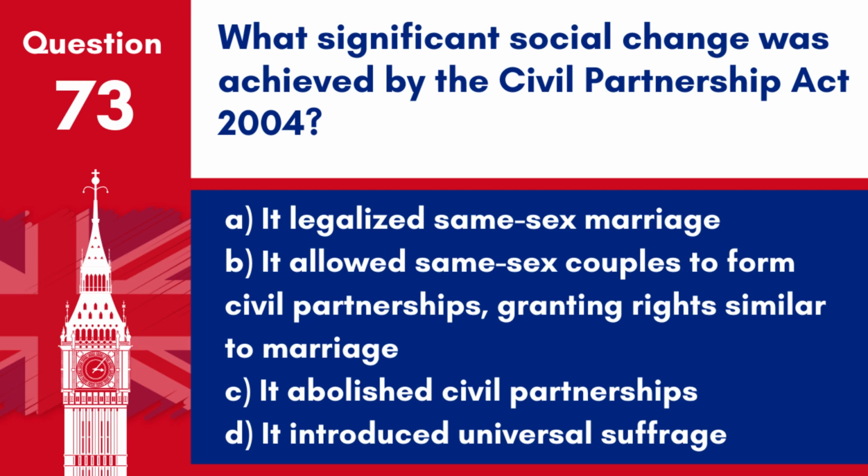D. It introduced universal suffrage. Answer. B. It allowed same-sex couples to form civil partnerships, granting rights similar to marriage. The Civil Partnership Act 2004 was a significant step towards equality, allowing same-sex couples to obtain many of the same legal rights as married heterosexual couples.